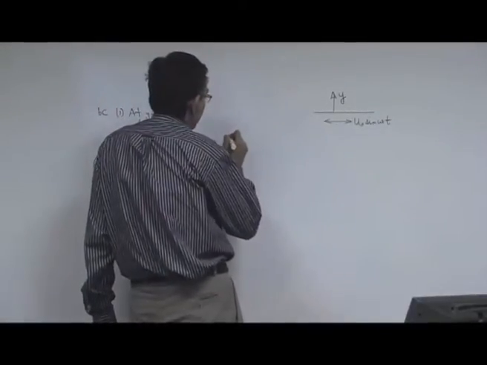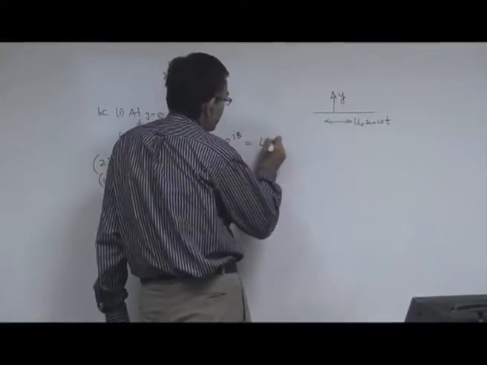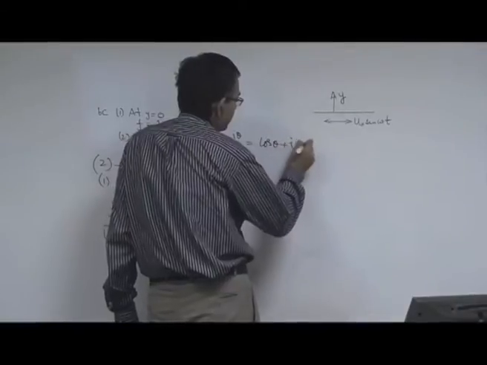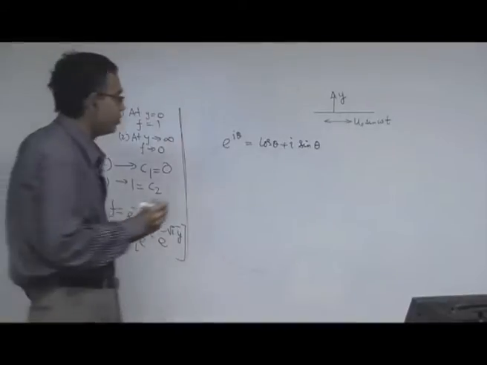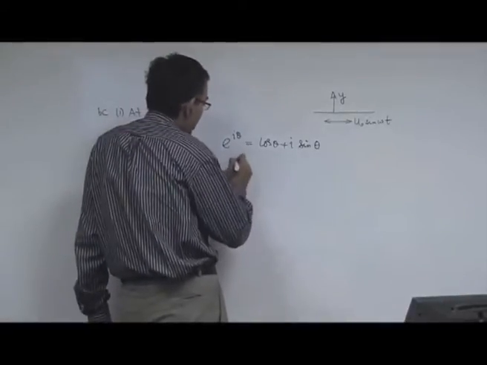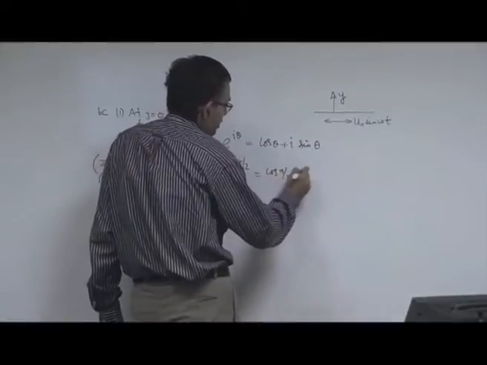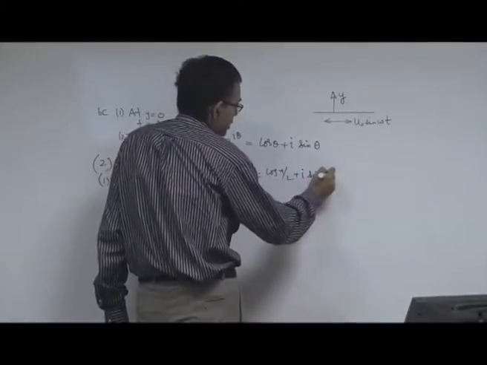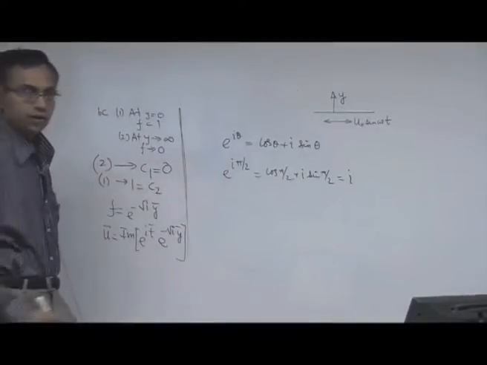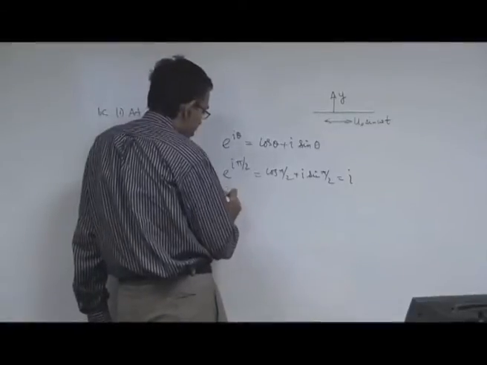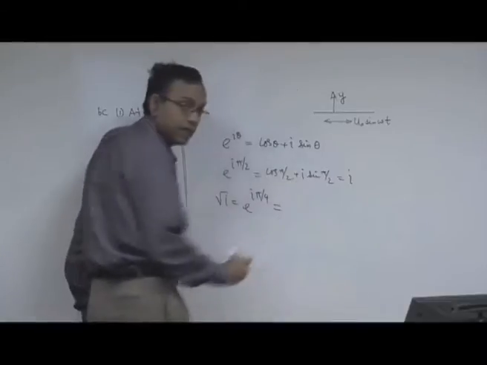Now, you see that e to the power i theta you can write cos theta plus i sin theta. You can substitute theta equal to pi by 2. So, e to the power i pi by 2 is equal to cos pi by 2 plus i sin pi by 2, that is nothing but equal to i. So, square root of i is equal to e to the power i pi by 4, right.